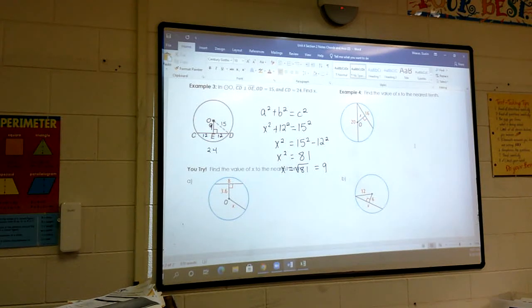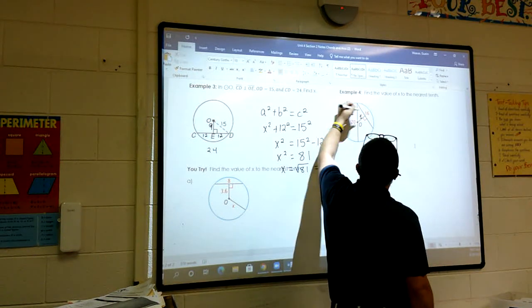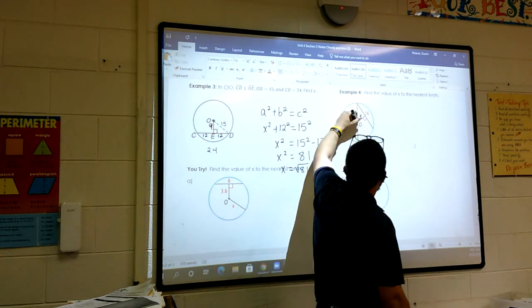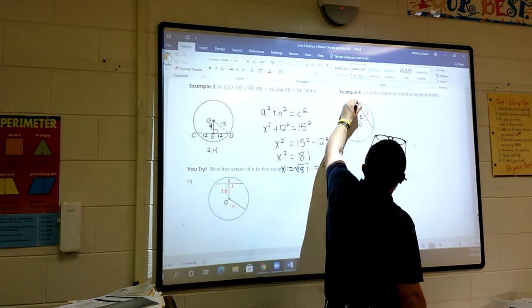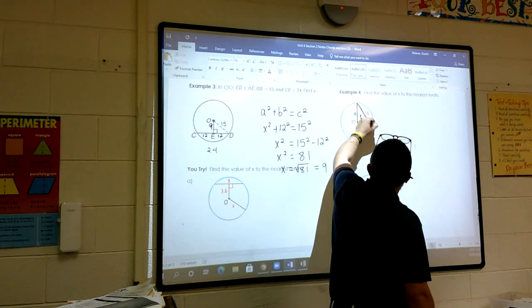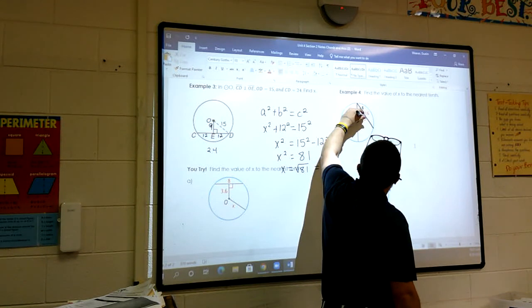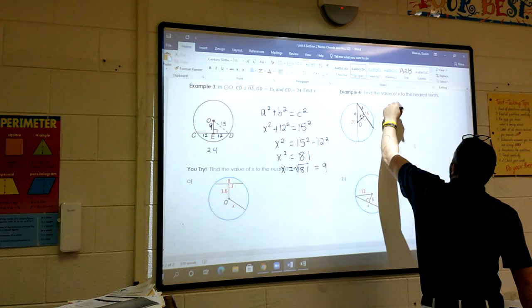All right, example 4. Find the value of x to the nearest tenth. So sometimes it's hard to see where they're at, but x is right here, so that's that line. This whole diameter is 20, so what is this part of the triangle? 10. This part is 10. And then if this whole chord is 16, then this part is what? 8. So there is our right triangle. So we have a squared plus b squared equals c squared.